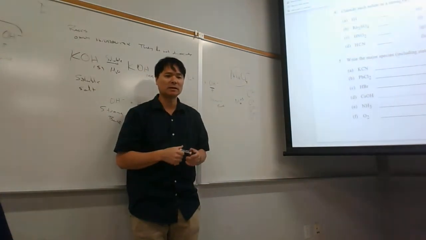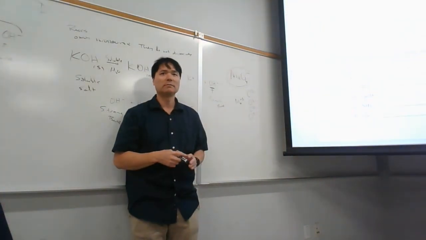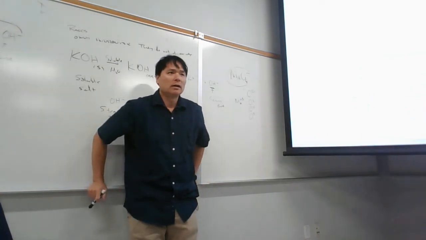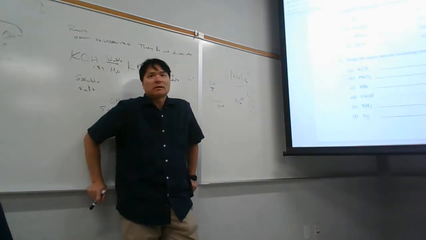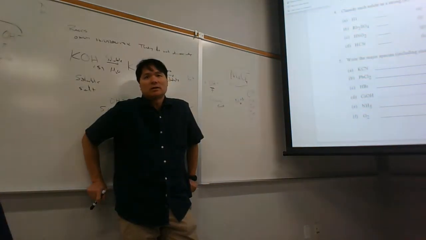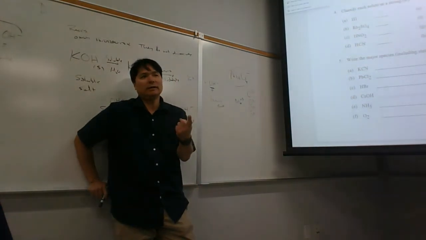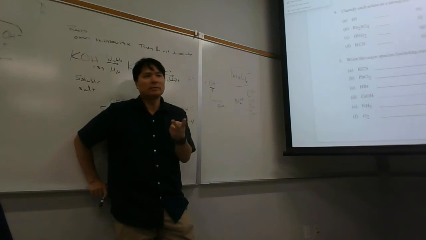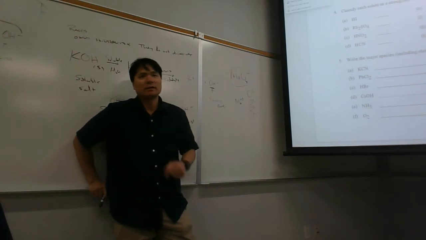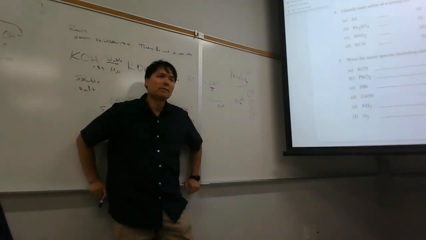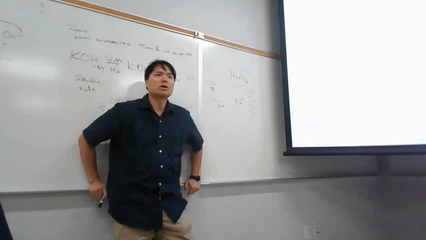What are they missing? They're not going to conduct electricity because they're missing something. You need three things to conduct electricity. You need mobility, you need quantity, number, and the third thing we need is charge.